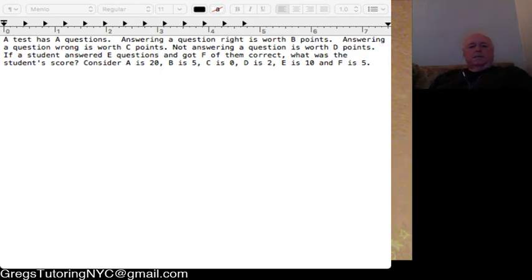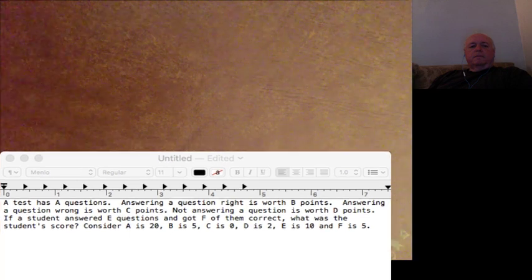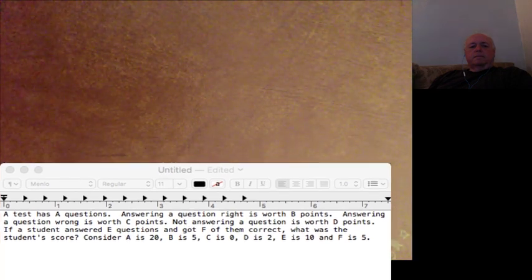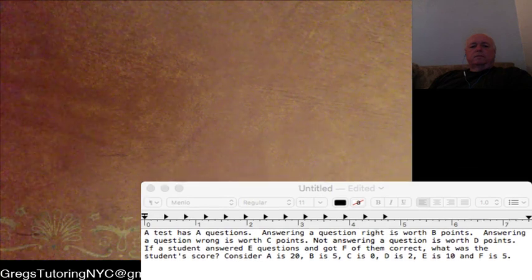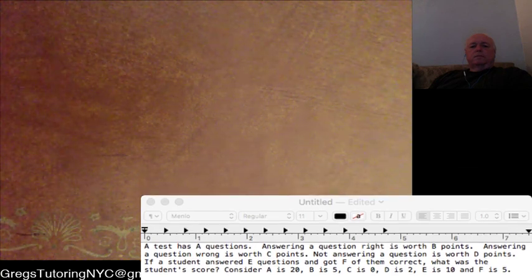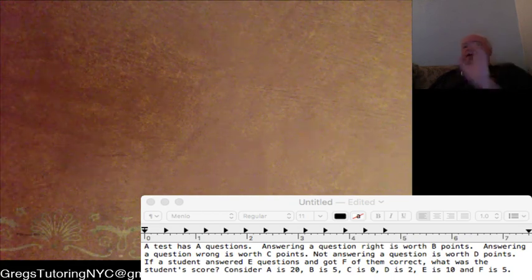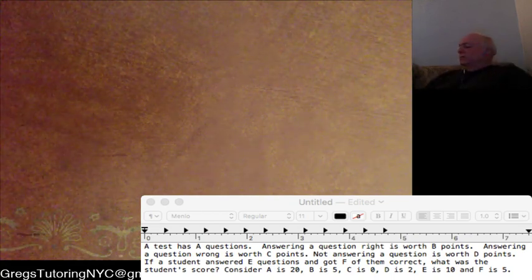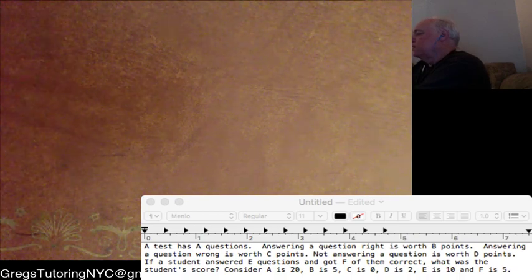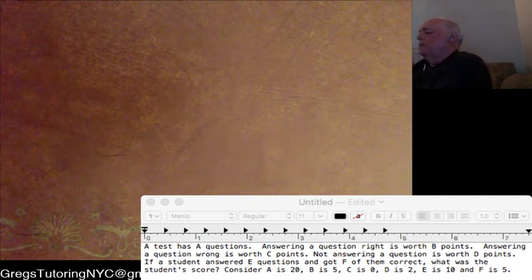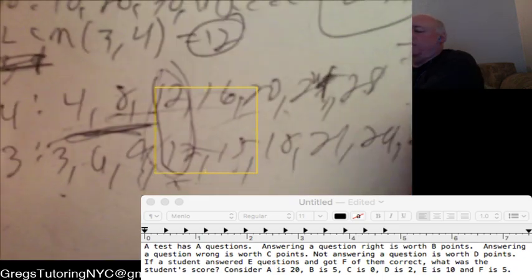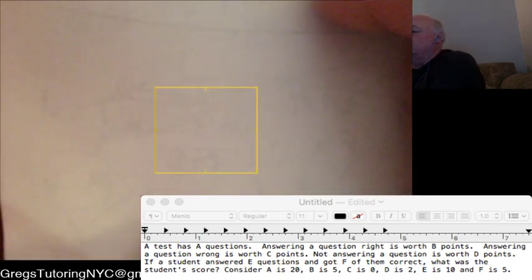Let me move this down so that when I write the answer out, I don't have to move. All right, so a test has A questions. Let me get a scrap paper here too. My fan's blowing this around too.